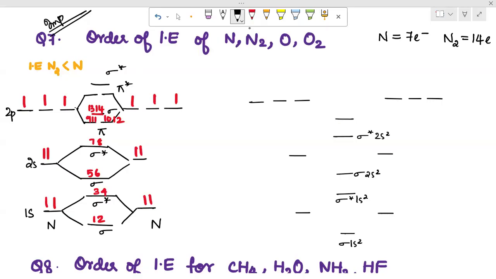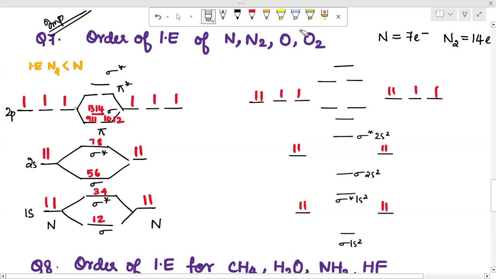It is 1, 2, 2, 1. This is how it is. You will learn why the order is different in chemical bonding. Just understand the concept now. Here you have 1s2, 2s2, 2p4.